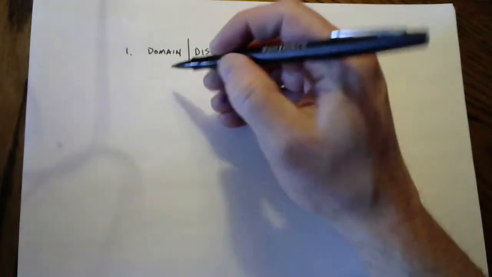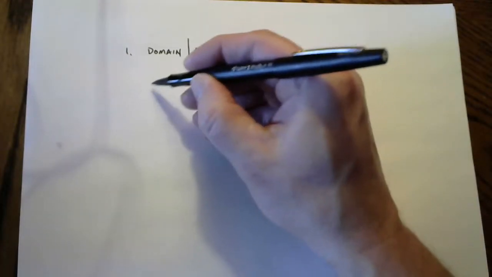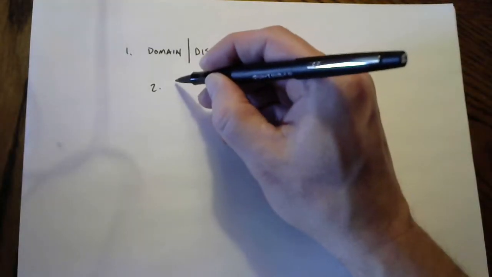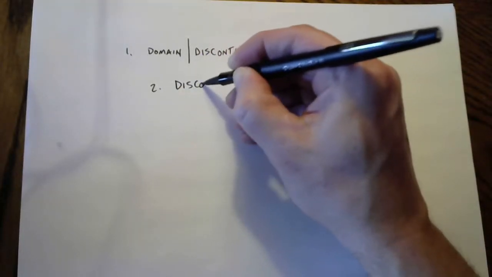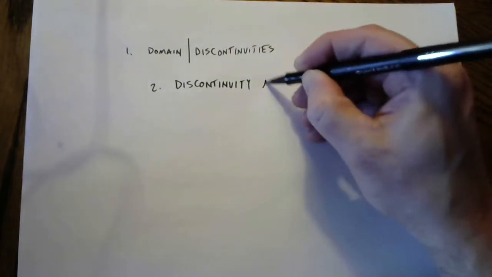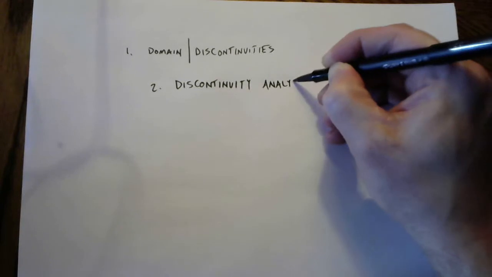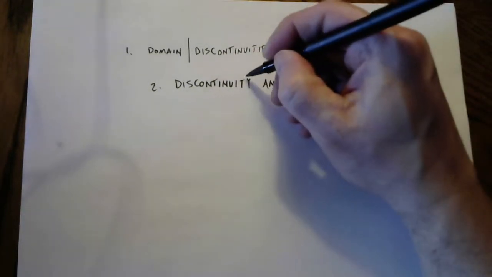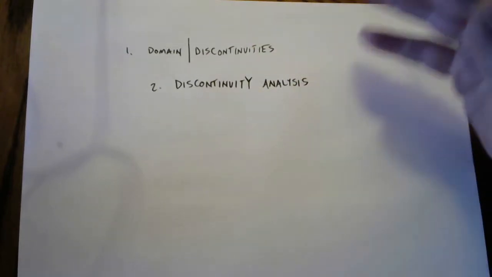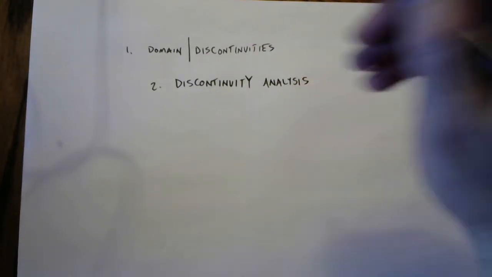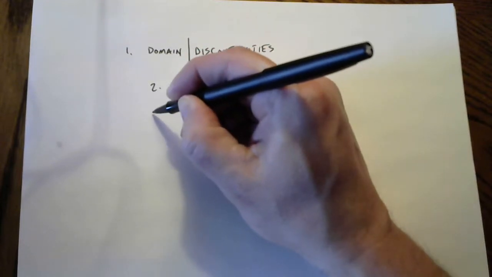Okay, so then what we're going to add, this is an addition for today, discontinuity analysis. Okay, the good news is we already know how to do this. It's a problem that we've already done. We just didn't relate it to this.